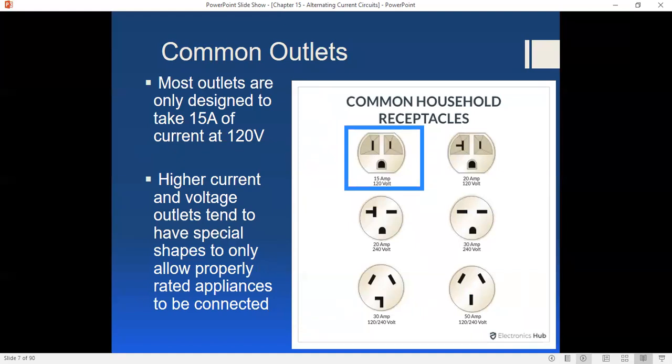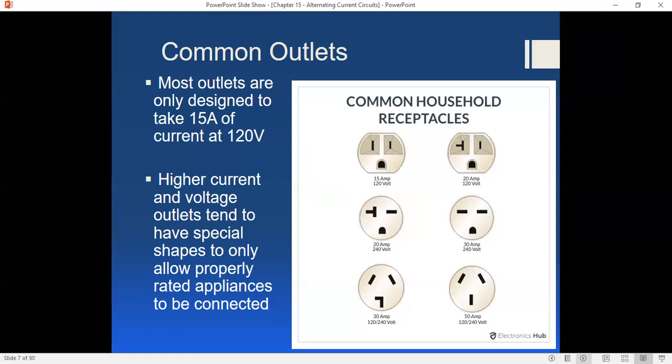And the reason why we shape the outlet like this is because any appliance that uses 15 amps or less is going to fit into that receptacle, okay? And basically this thing is wired such that it's fine with 15 amps, but it's probably hooked to a 15 amp breaker. So if you exceed that 15 amps, the breaker is going to trip and you're not going to get any current through there.